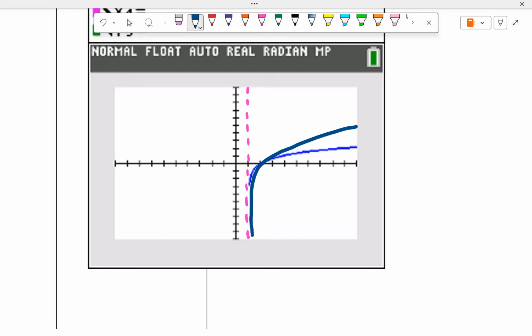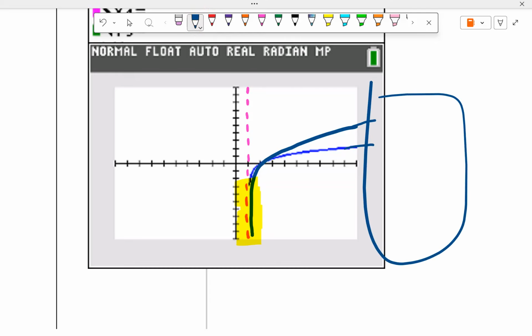So please write down as a side note, it's very misleading on the GC. Don't just copy blindly. We always need to start from the bottom end. And the logarithm graph just keeps increasing. It shouldn't flatten. If you increase the window over here, you'll see that the graph is increasing very slowly, but it doesn't flatten.